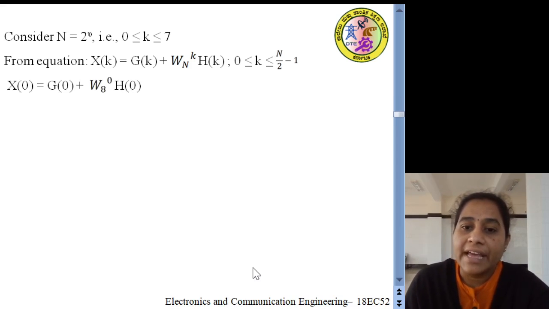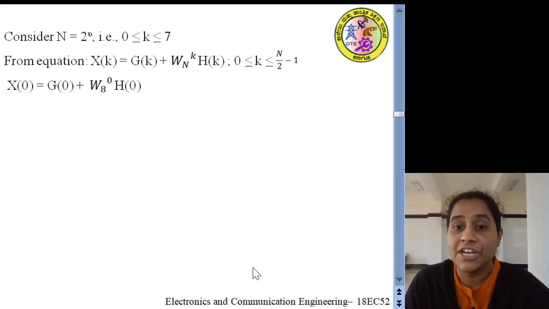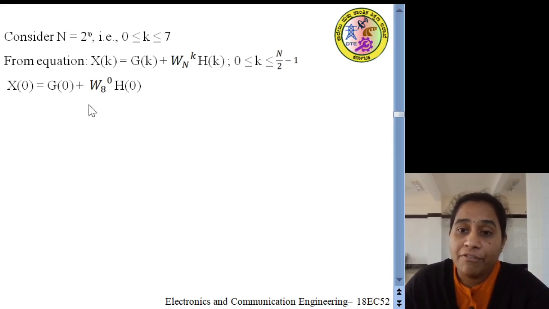So we can write X(0) as G(0) plus W_8^0 into H(0). Here N is 8, and although X(k) varies from 0 to 7, here it is from 0 to 8/2 minus 1, that is 4 minus 1, so 0 to 3 we are considering.